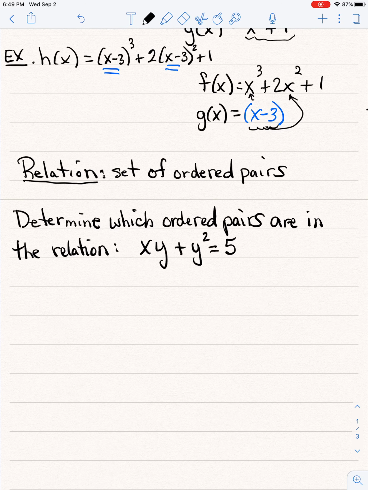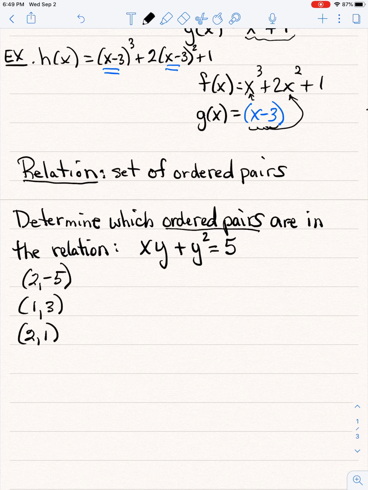Okay, and I'll give you some ordered pairs over here to try, like (2, -5), (1, 3), and (2, 1). Okay, so which of those ordered pairs are in this particular relation?